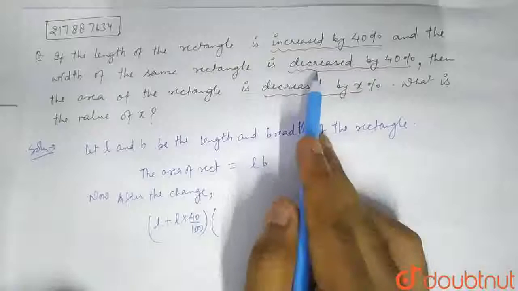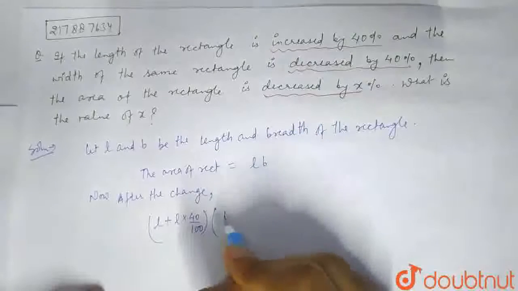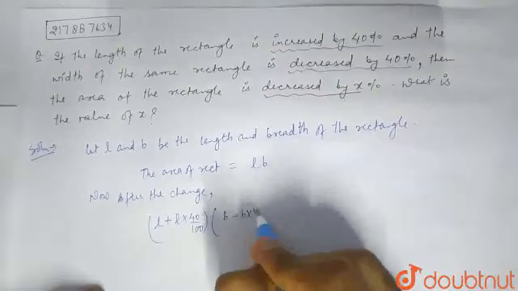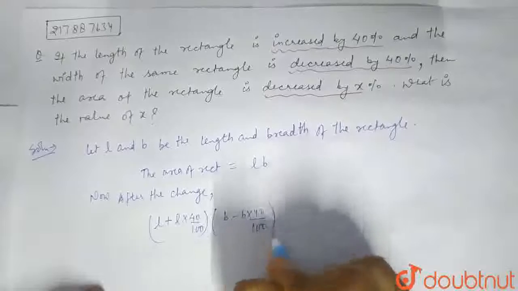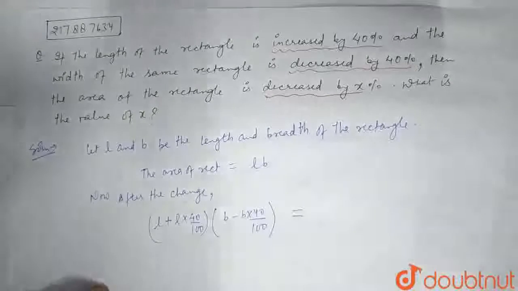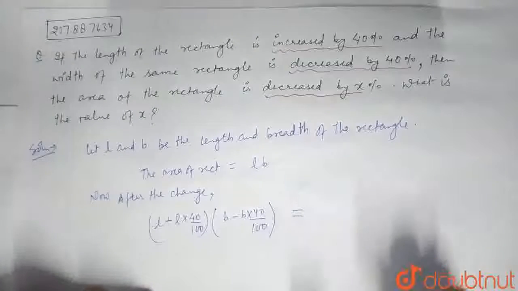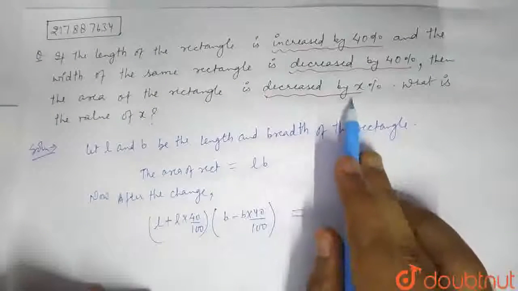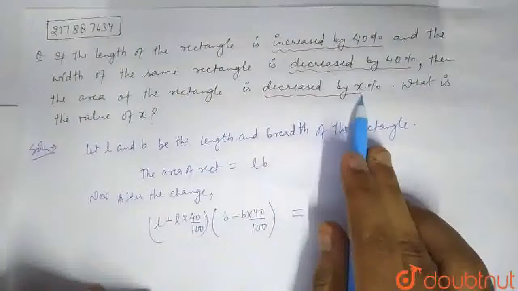The breadth has got a decrement by 40%, so B minus B into 40 by 100, and the area has got a decrement by x percentages.